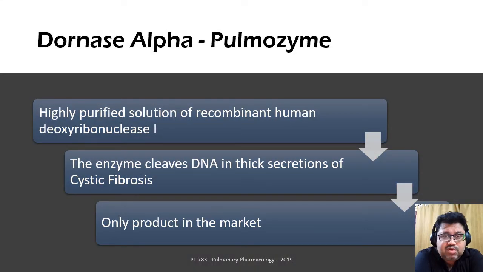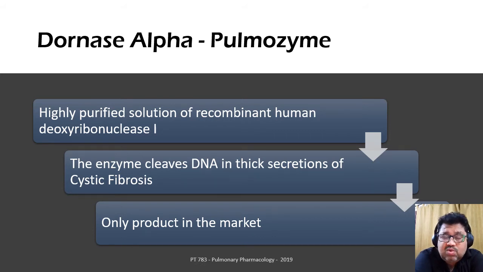The third mucolytic that is available in US pharmacopoeia is Dornase alpha. Dornase alpha is sold under the trade name of Pulmozyme. It is a highly purified solution of recombinant human deoxyribonuclease 1. The enzyme cleaves the DNA in thick secretions, specifically in cystic fibrosis.